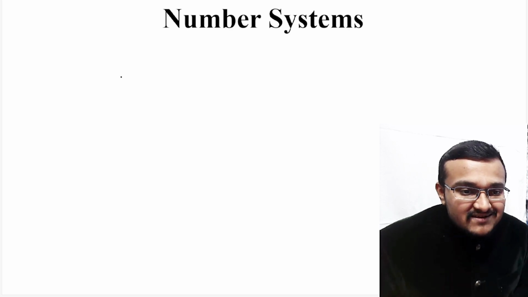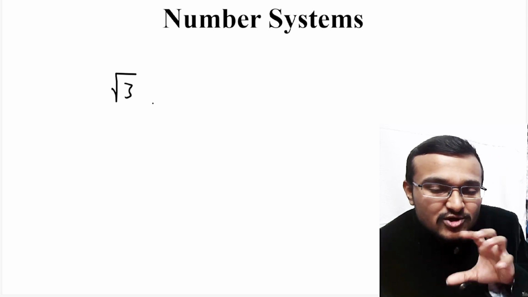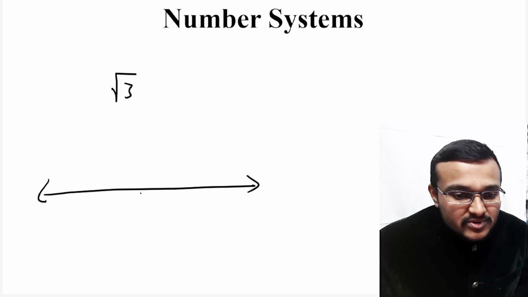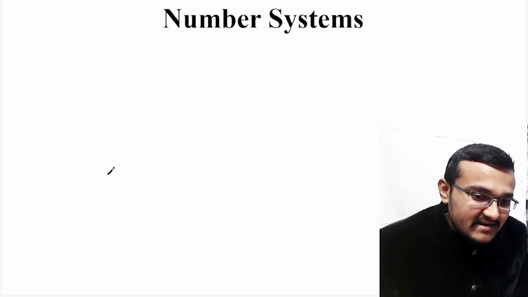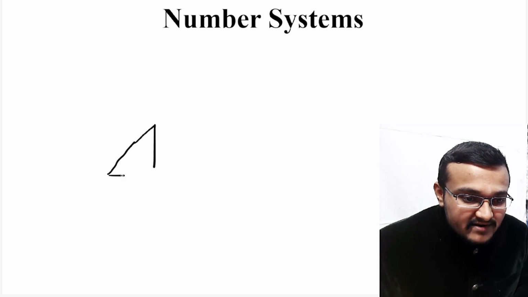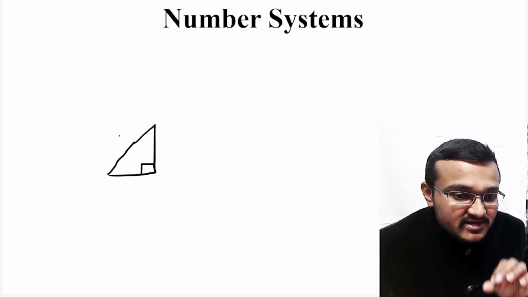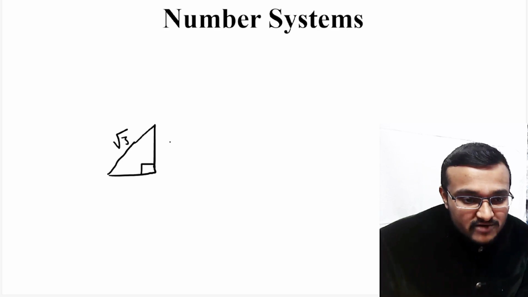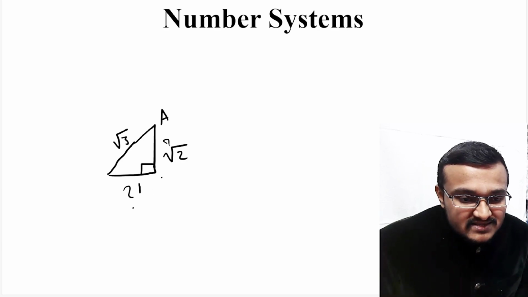Similarly, if you want to locate root 3 on this particular number line, then you can consider a number line. But before doing that, if we have a right angle triangle like this, and the hypotenuse should be root 3, then what will be the values for the other sides?